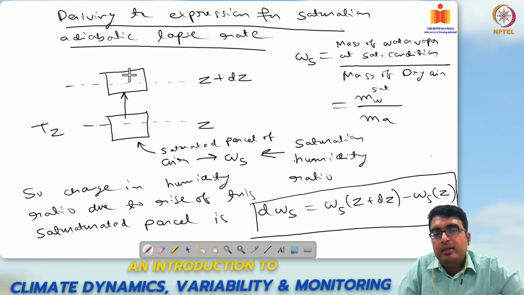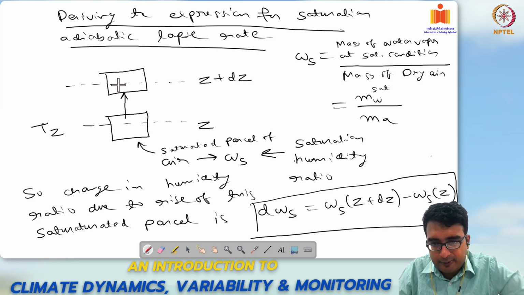So your parcel of air's temperature has changed, and hence its saturation specific humidity value has also changed. We will explore those things, based on what we will discuss on saturation adiabatic lapse rate. We will continue this work in the next class, how the explicit derivation happens. So stay tuned for the next recording. Thank you.